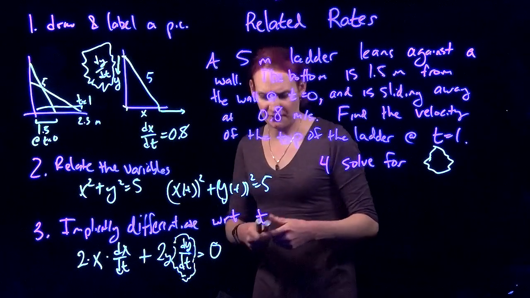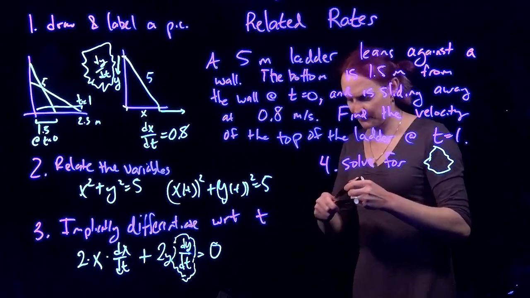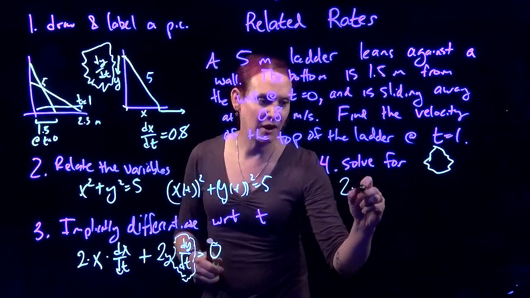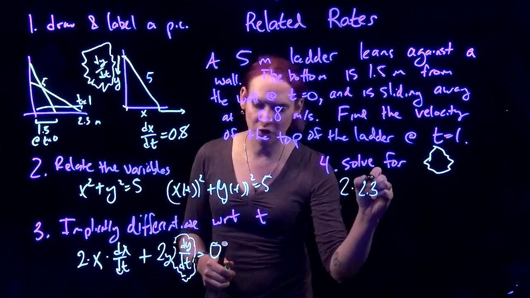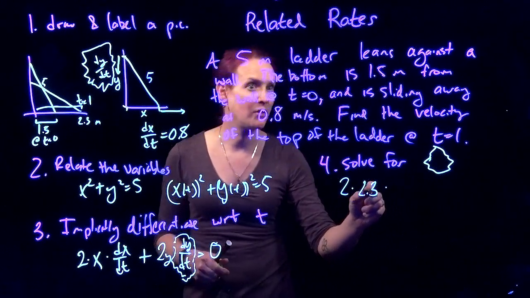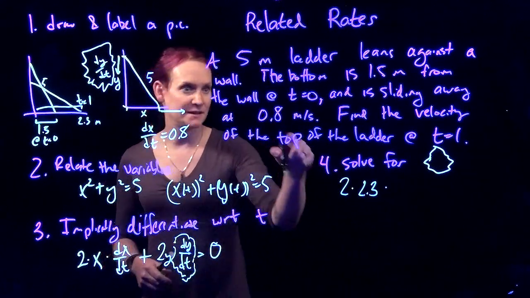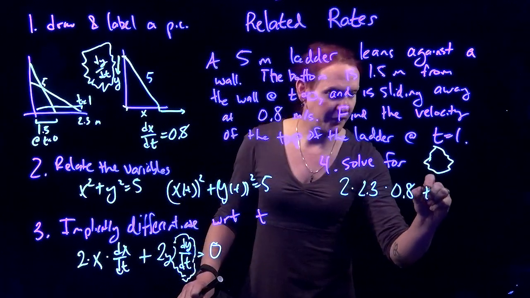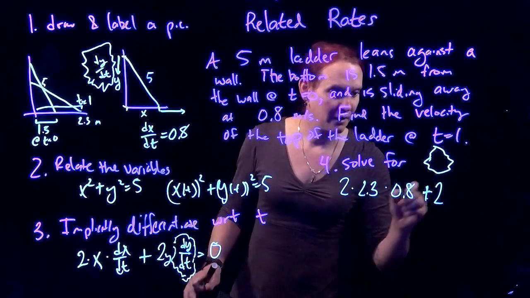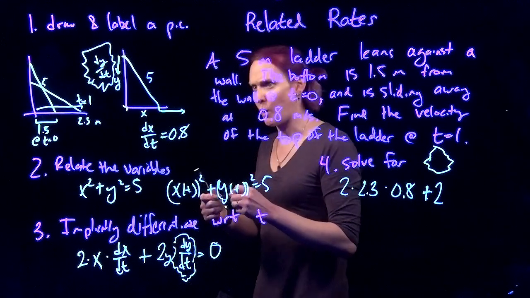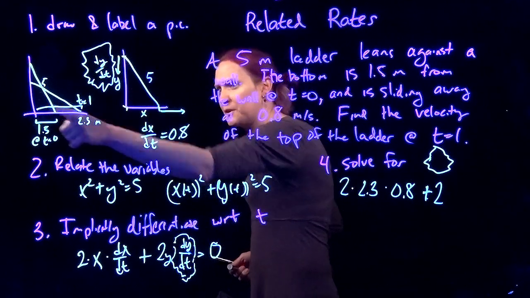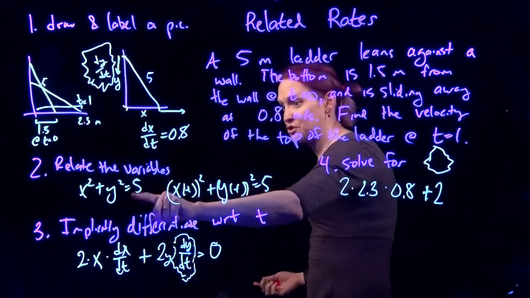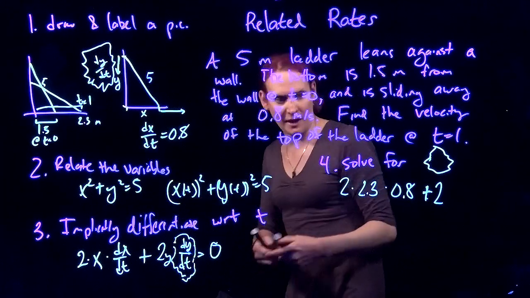So in step 4, I'm solving, and I happen to know that 2 times 2.3 times dx dt is 0.8 plus 2 times, let's see here. Do we know y? I think we do know y, because of our relationship that we started with.